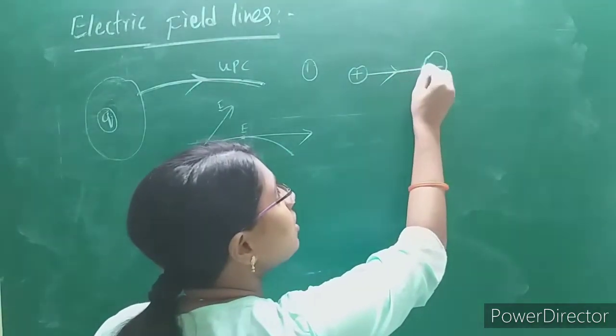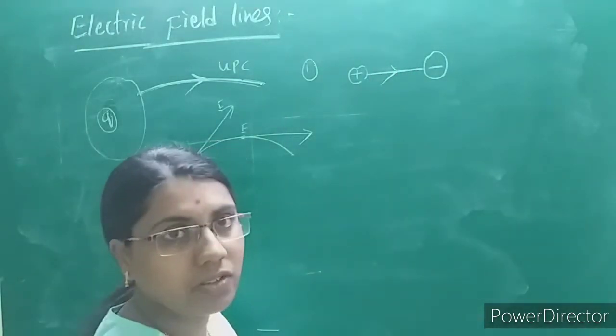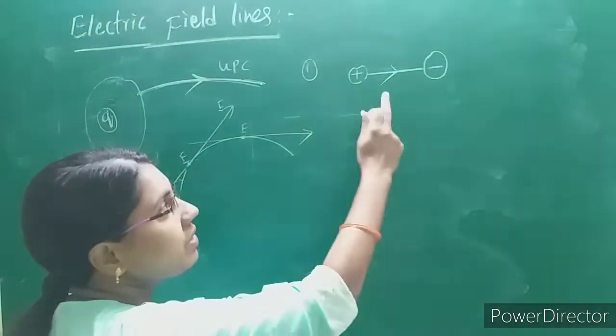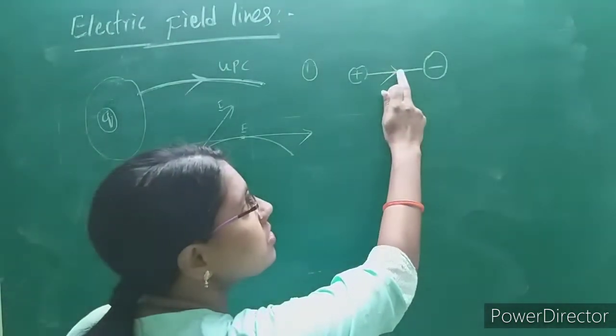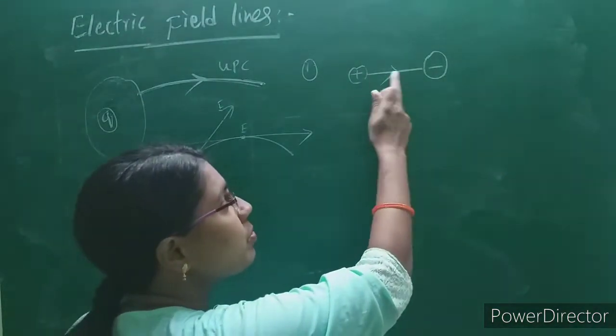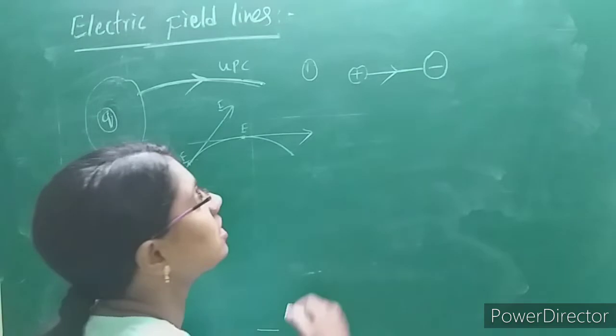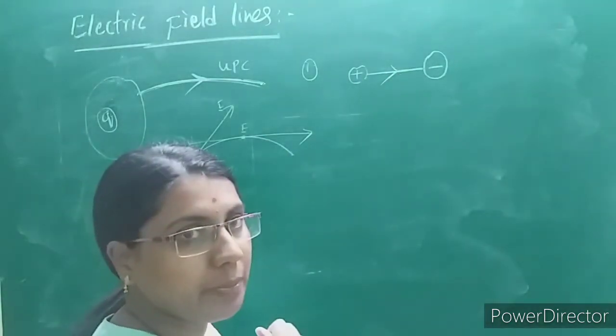They start from the positive charge and end at the negative charge. That means they originate from the positive charge and terminate at the negative charge. So this is one of the basic properties.